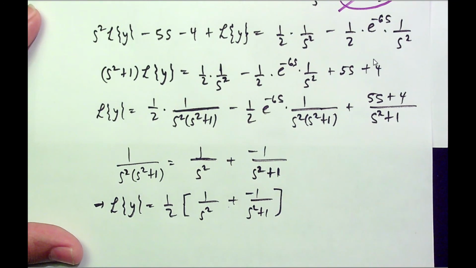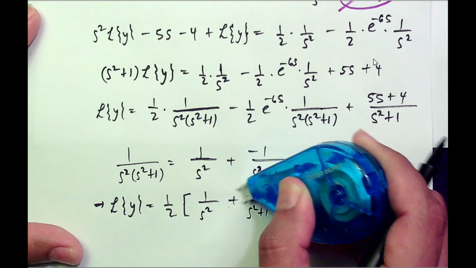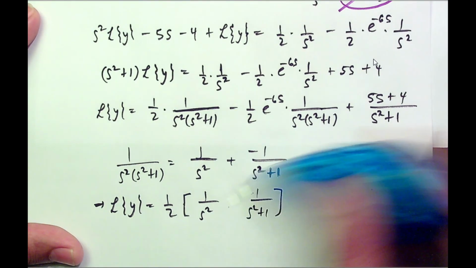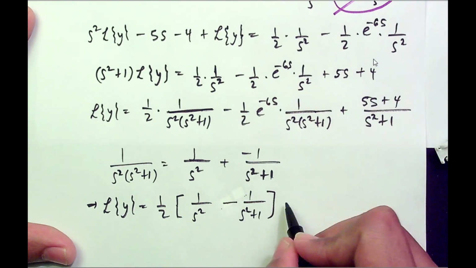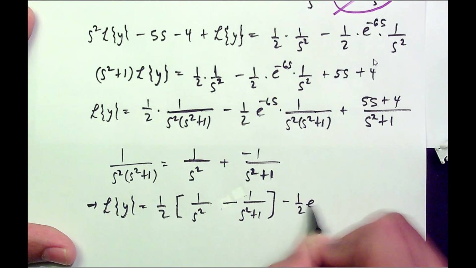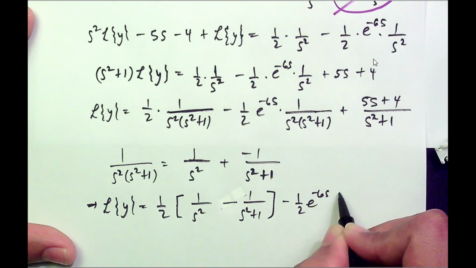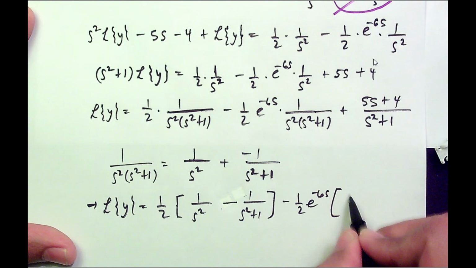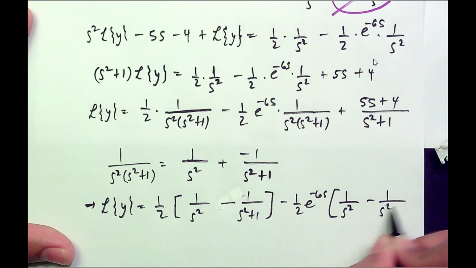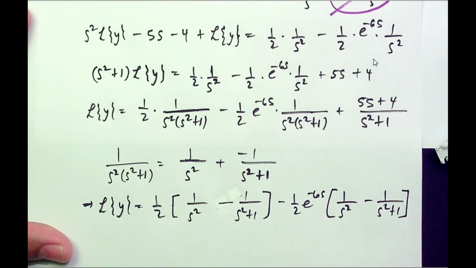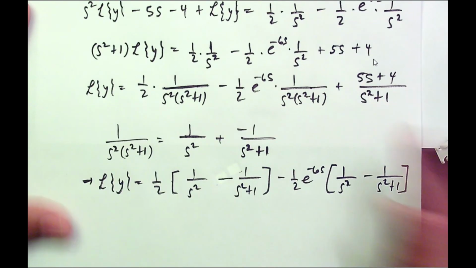Or you can just put a minus. Okay, and then minus 1 half e to the minus 6s. And you can write this again, s squared minus 1 over s squared plus 1. And then you have that term.